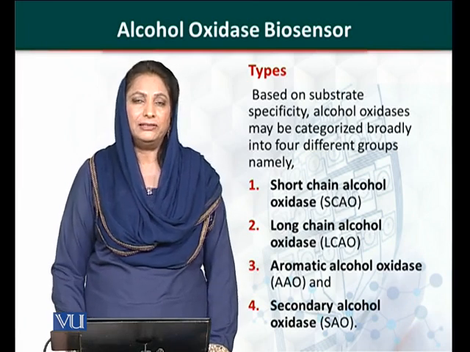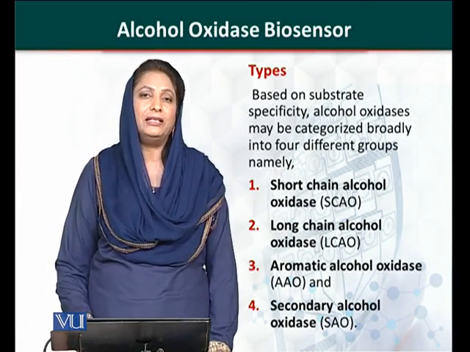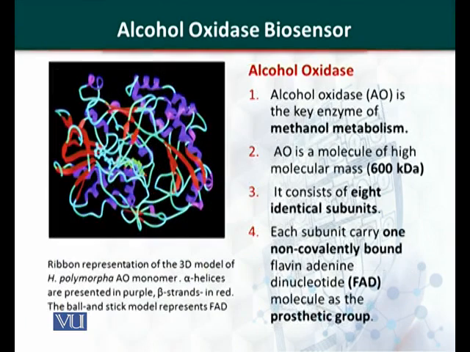Alcohol oxidase enzymes act on their substrates according to their specificity. Now we look at the general structure of alcohol oxidases. Alcohol oxidase is a key enzyme for the metabolism of methanol. It has a molecular weight of 600 kilodalton and is a large size protein.